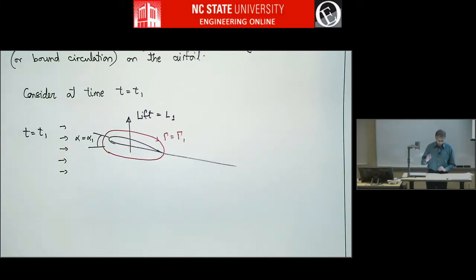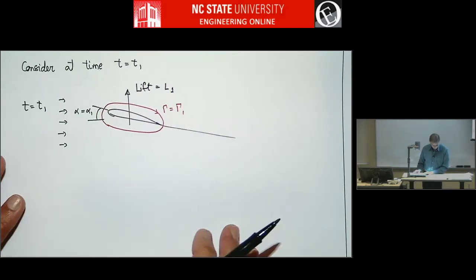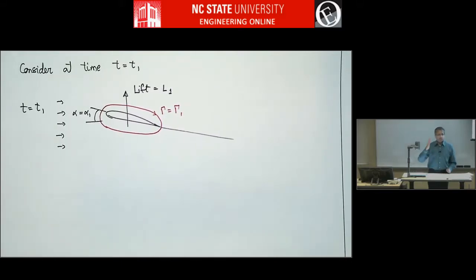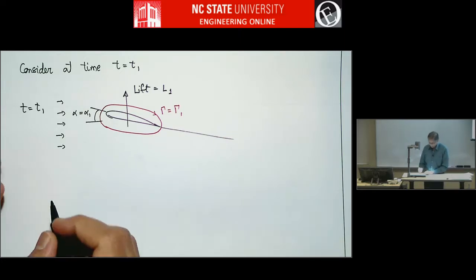So after a small time delta t, let's say the angle of attack increases. This is an unsteady situation, so maybe the airfoil is oscillating or doing a pitch up maneuver or something like that.